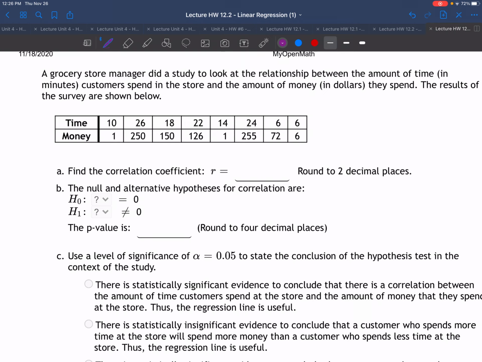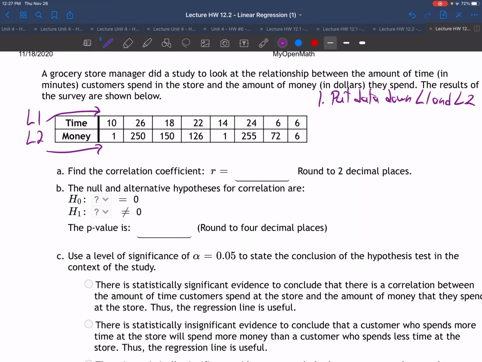So that's step number 1. This is going to be your L1 data, and this is going to be your L2 data. So step 1, put the data down in L1 and L2.